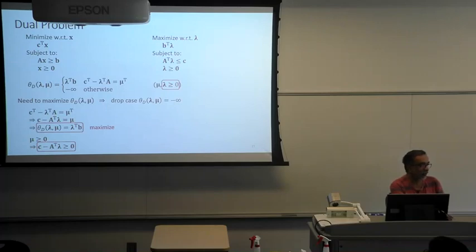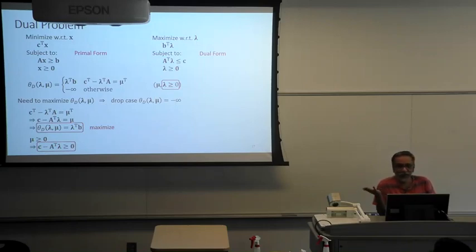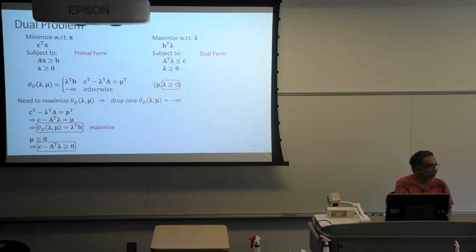What does this look like? This is the primal. This is the dual. The dual is also a linear program. And look at the difference, the x and the lambda.